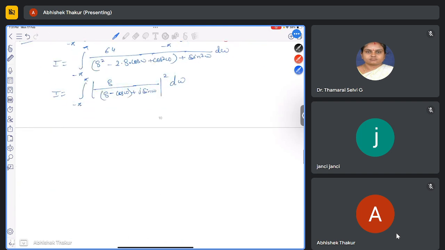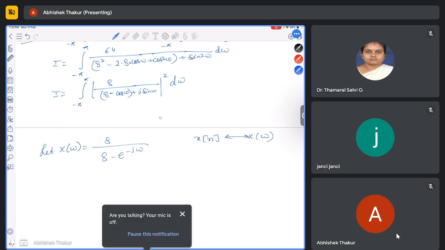Let x of omega be equal to 8 by 8 minus e to the power of minus j omega. Let's suppose this is the Fourier transform of any signal xn. Like xn, the Fourier transform of xn is x omega, and let's assume x omega is this value.